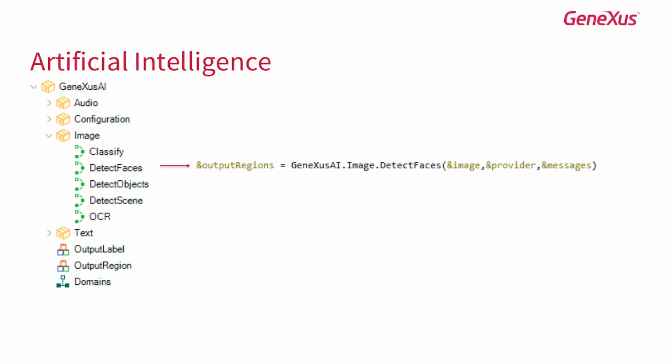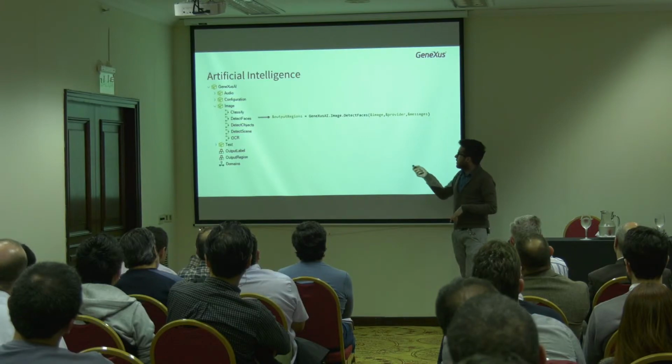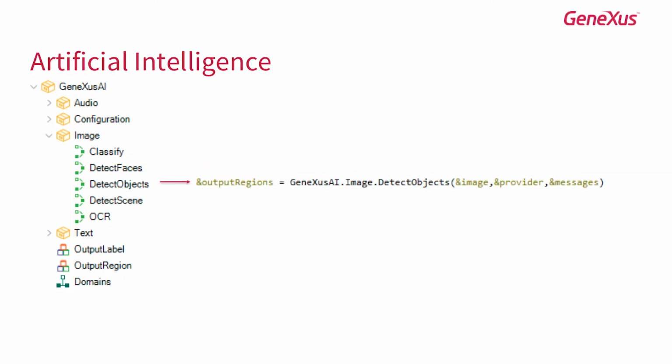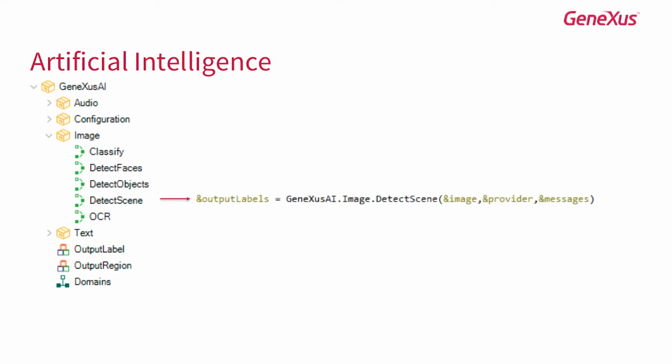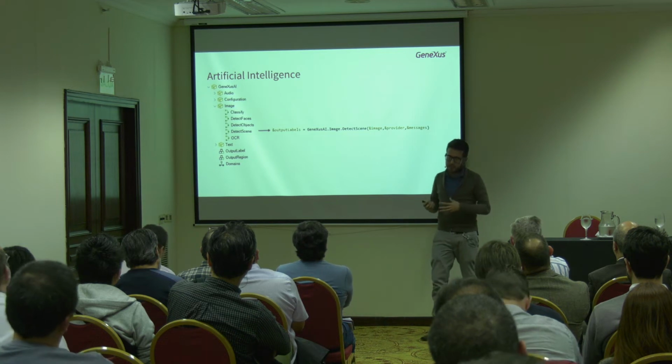Then we have detect faces, which given an image, recognizes faces, and gives us the regions of these faces. With the SDT we mentioned previously, detect objects, detect scene, that gives us a sequence of labels in an image.